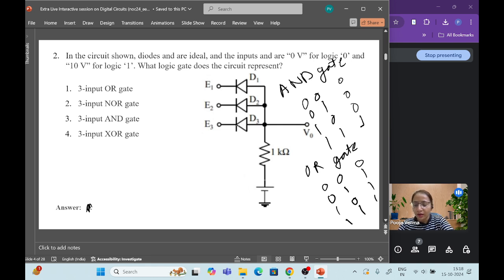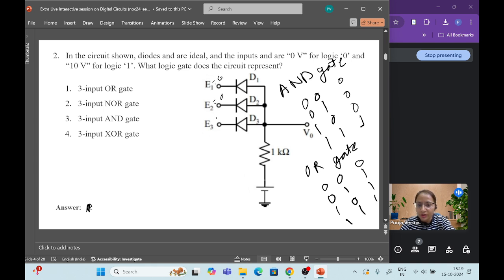So these are the diodes. When a diode is on, it can be replaced with a short circuit. Otherwise, it will be replaced with an open circuit. If the inputs E1, E2, and E3 are 0 volts, the diode is connected in reverse bias mode, so the corresponding diode will be on if the input is 0.